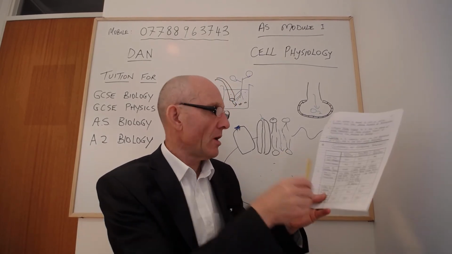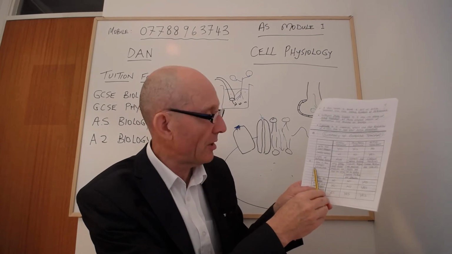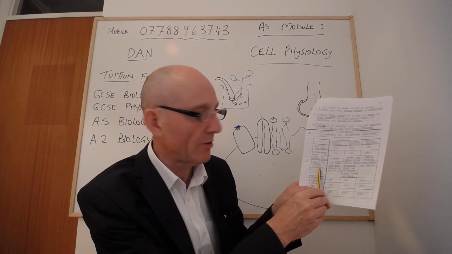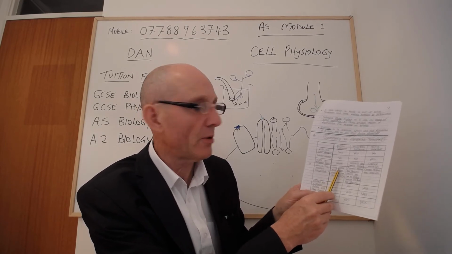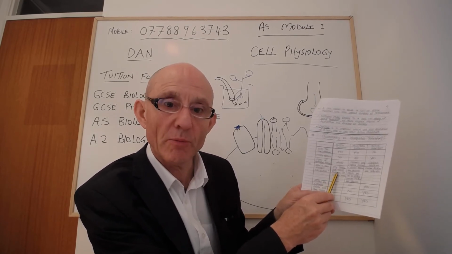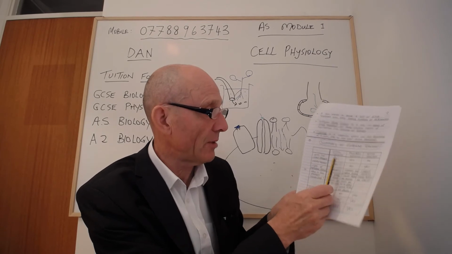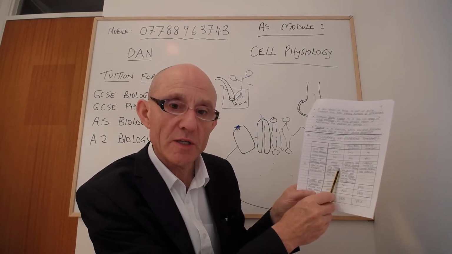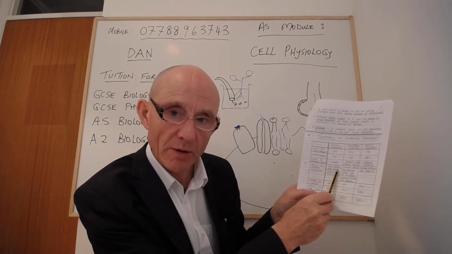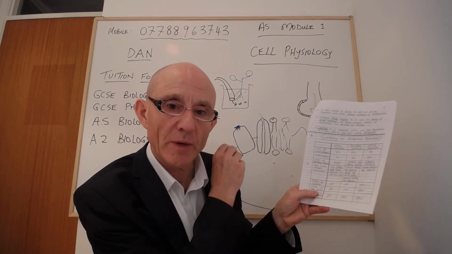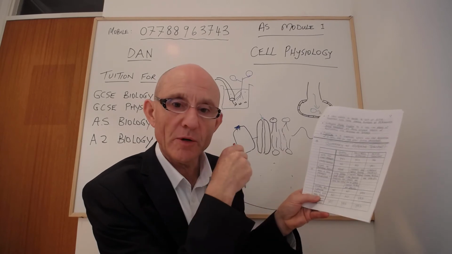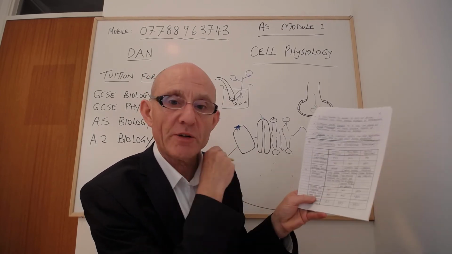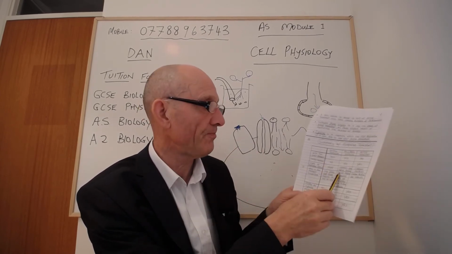Next thing, a very important element that I put into the table: how is each process selective? In other words, how does each process select which molecules come through by that mechanism? For example, simple diffusion, I've said only small or non-polar molecules can pass through by simple diffusion. So that's how it's selective. Facilitated diffusion, how is it selective?